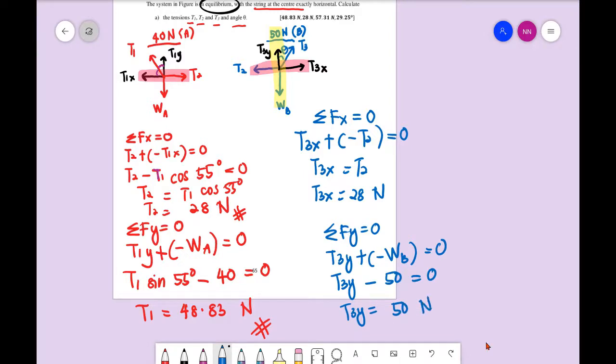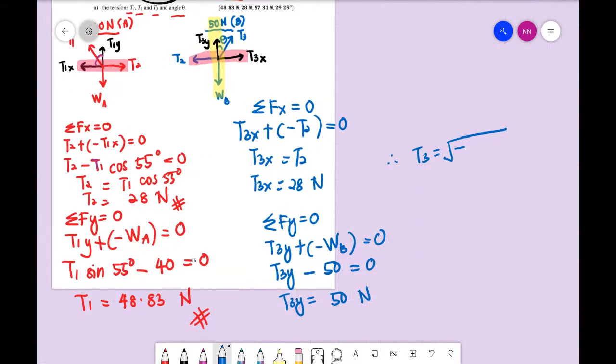Then T3 equals to the square root of T3X squared plus T3Y squared. So we can determine T3.